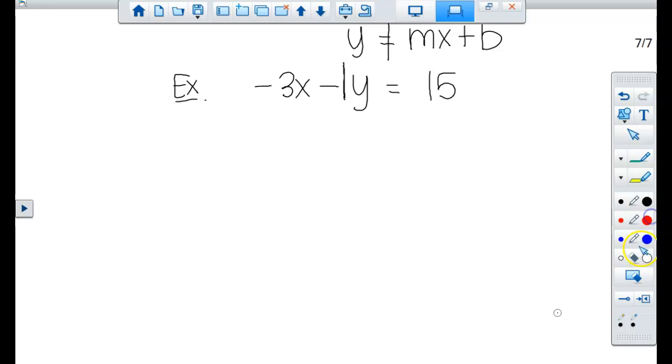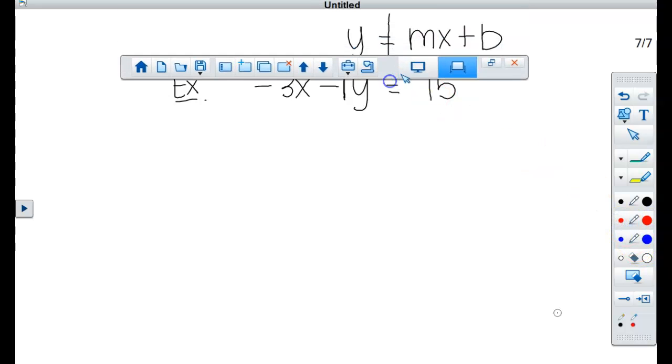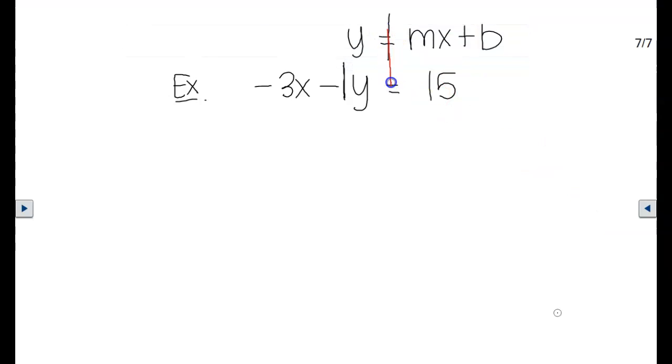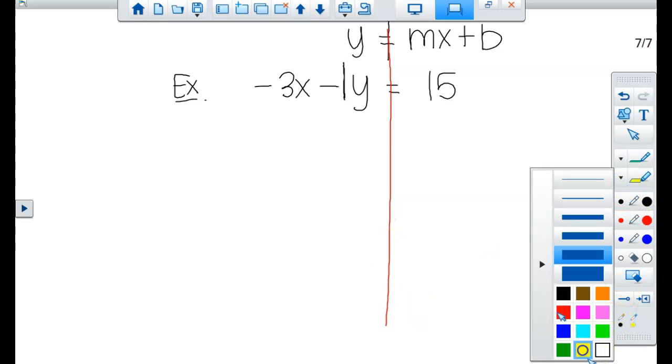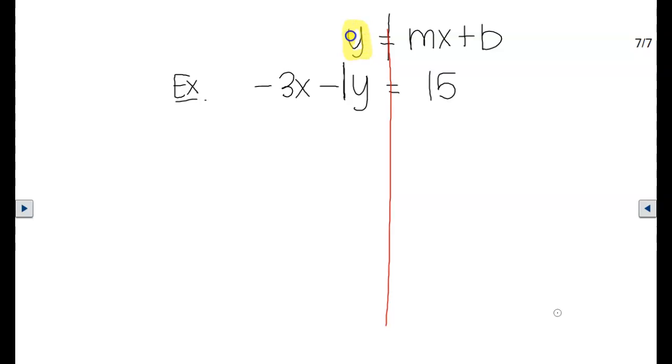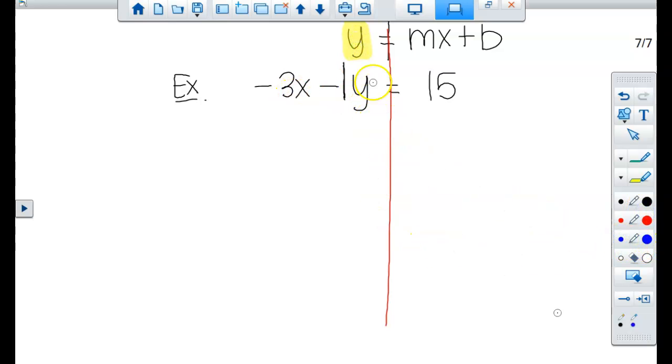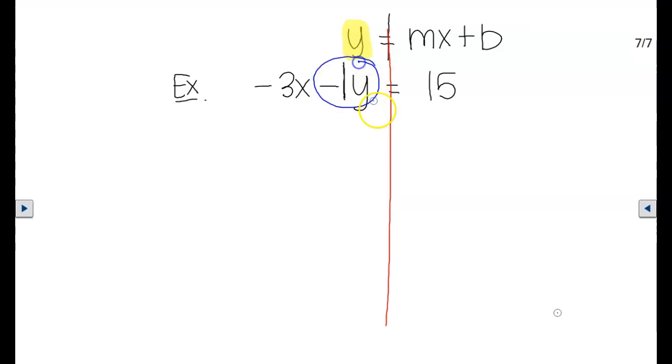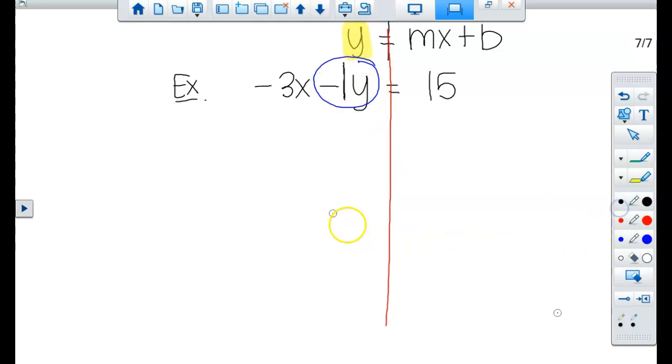Let me get a different color. Draw my line through my equal sign. Remember what we want. We want this y to be by itself, which in our equation it is definitely not. So I have negative 1y in my problem. First thing I'll need to do is cancel out that negative 3x.